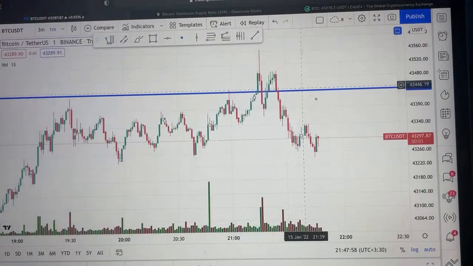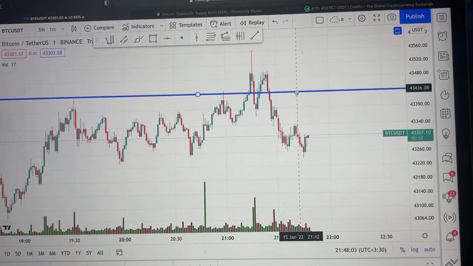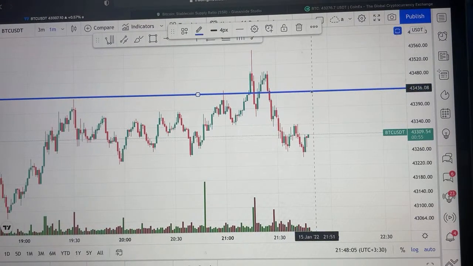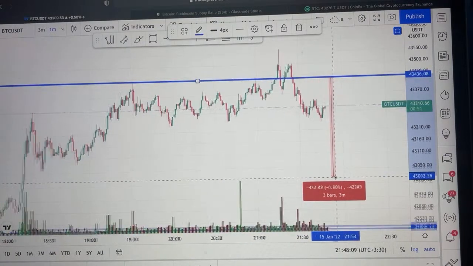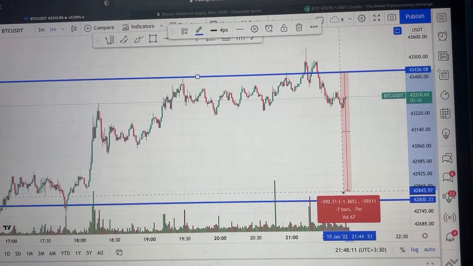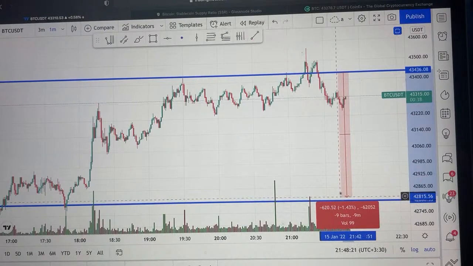If price moves up, I'm going to sell my Bitcoin here. Okay, and I'm going to buy it back, for example, at $42,800. This is going to be something like $600 profit.